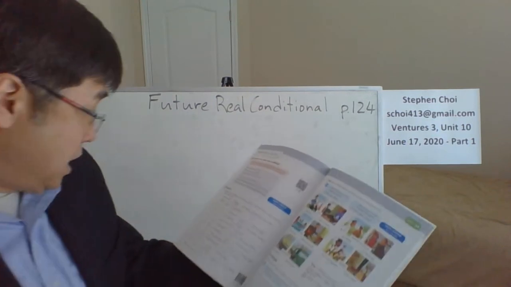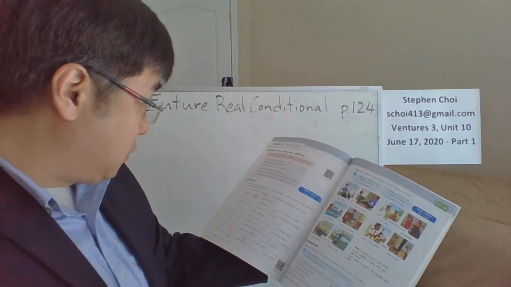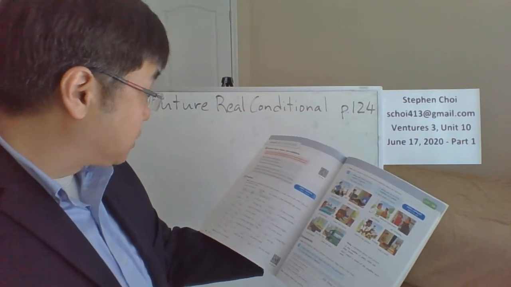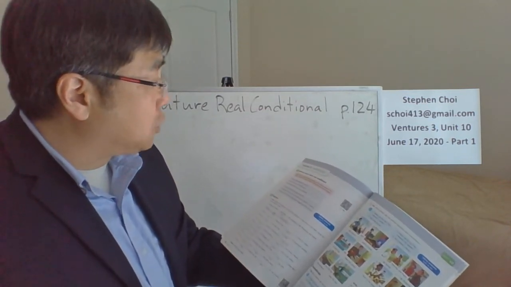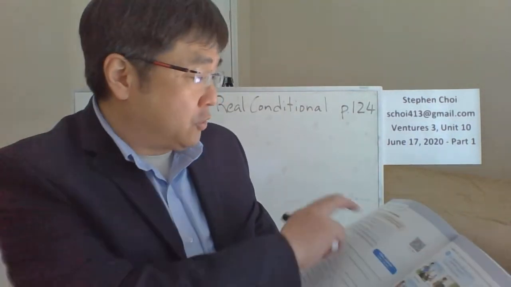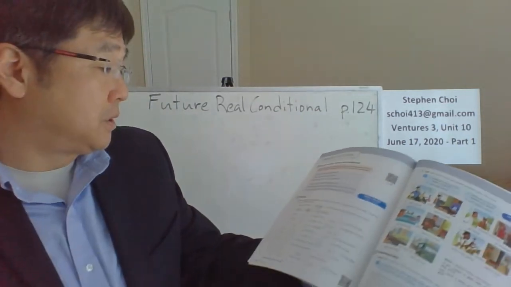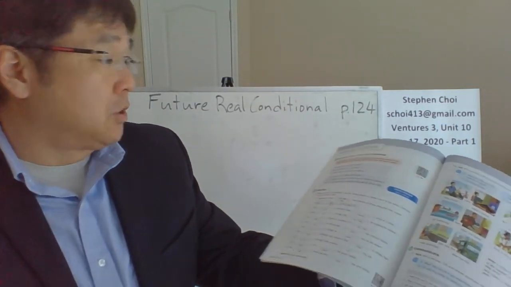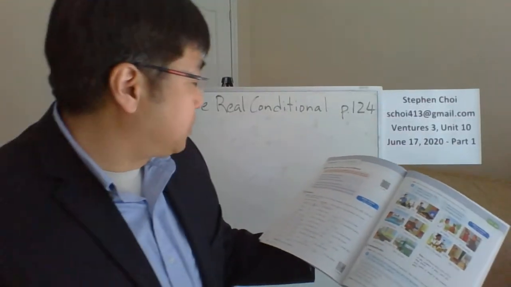It says, use an if clause to talk about future possibility. Use the simple present in the if clause, and use the future in the main clause to talk about what could happen. Okay, and I just explained all that. I just want to remind you that's in the book. All right, let's go to the practice section right here on the bottom half.